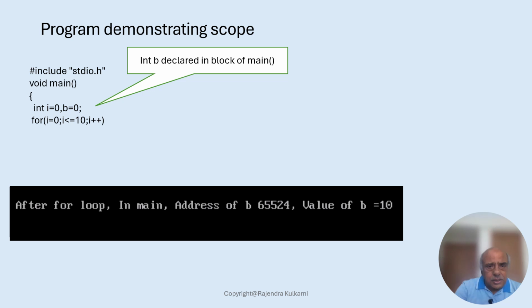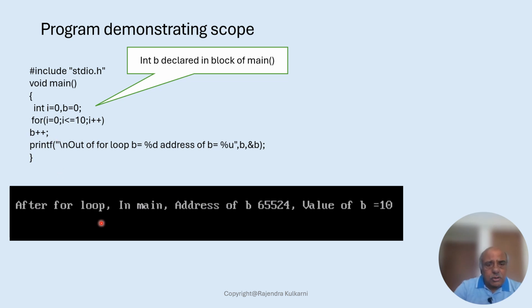Another simple, small program. Here b is declared in a block of main, then there is no b declared in for loop. So in this case, this b declared in main will be available for use within the for loop, and this b will get incremented when the for loop executes.